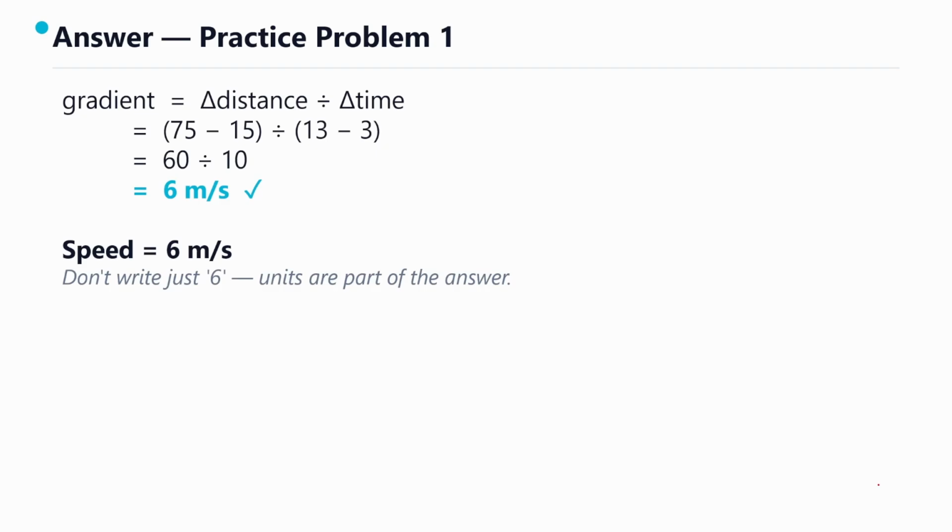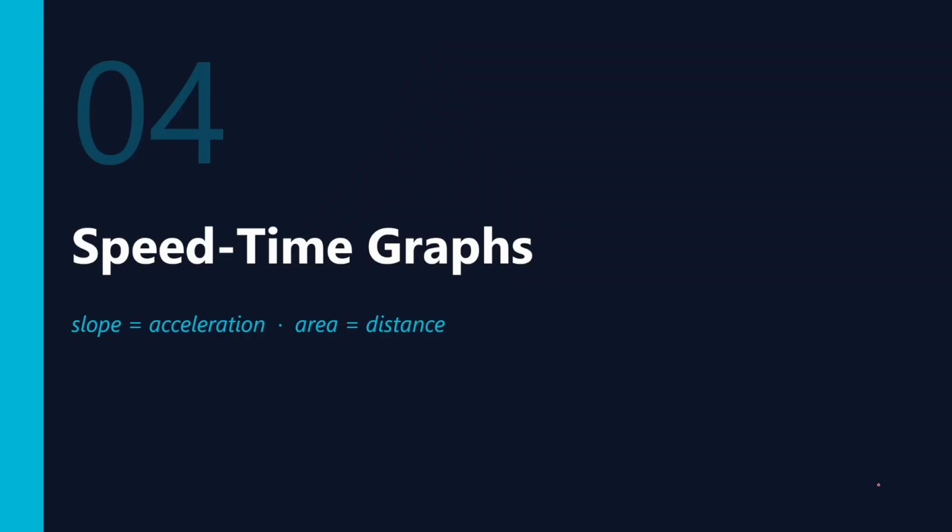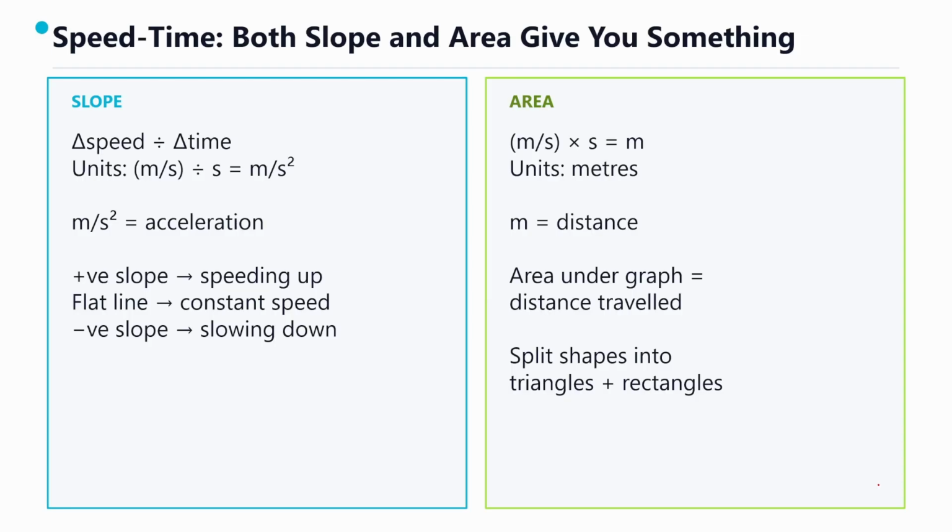Next, speed time graphs. Here the y-axis is the speed and the x-axis is the time in seconds. So slope is delta speed over delta time. Its unit is meters per second squared, and that's acceleration. Slope equals acceleration. Now we haven't covered acceleration yet, but in simple words, acceleration is the rate of change of velocity.